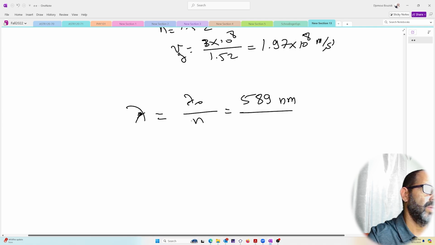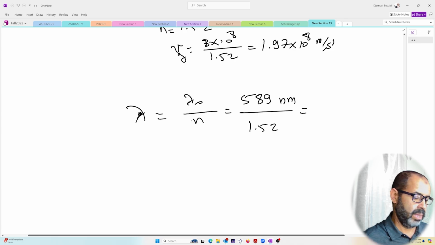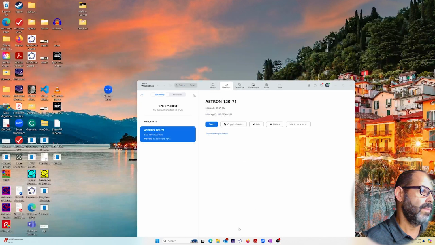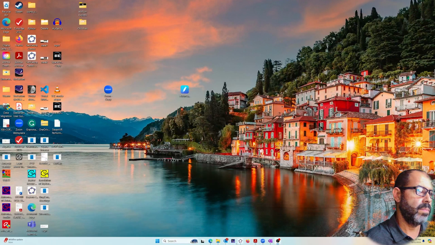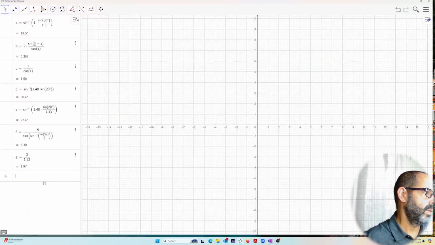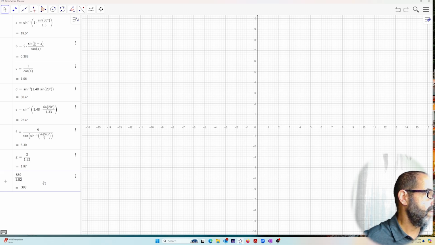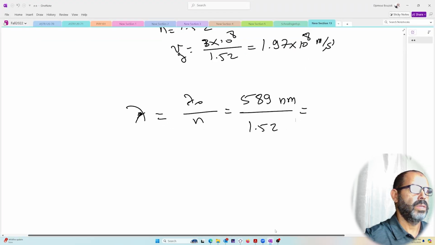Leave it in nanometers, don't change it, okay? Divided by 1.52. In GeoGebra, 589 divided by 1.52 is 388 nanometers.